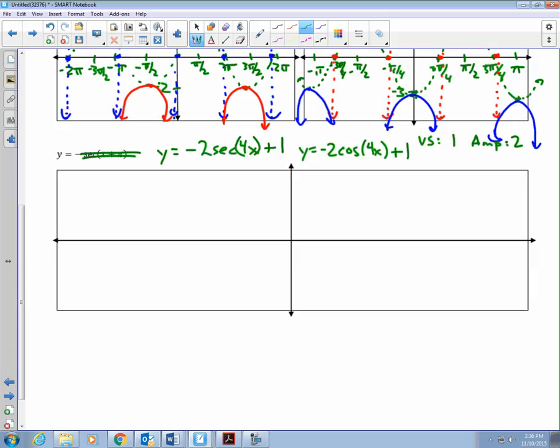So if the vertical shift is 1 and the amplitude is 2, what's the highest spot it will go to? 3. What's the lowest spot it will go to if it goes 2 down from that? -1. Yep, some people definitely made that mistake on their test.